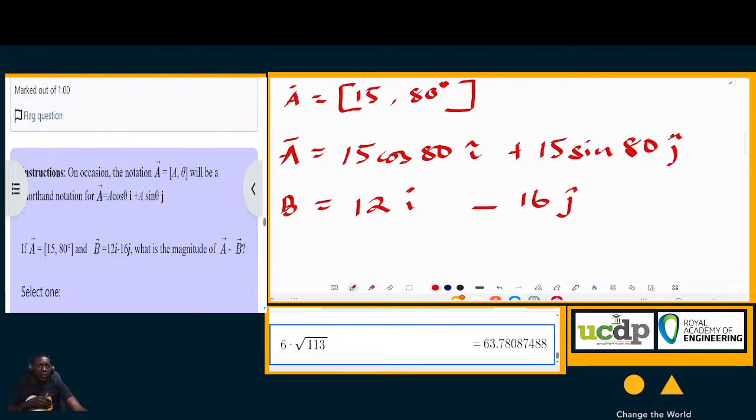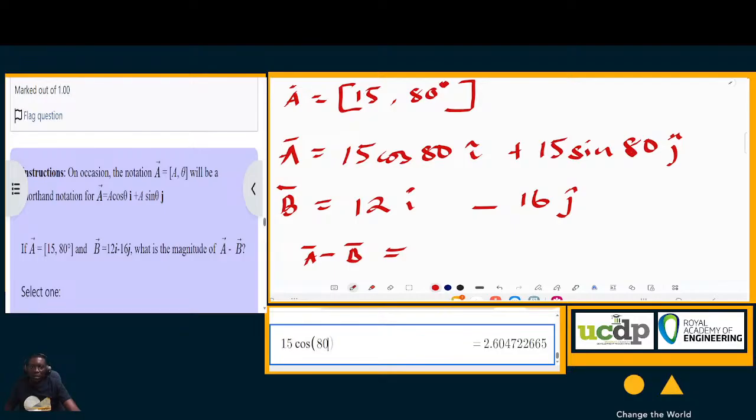What do you think, guys? We have A and B, and we're doing the same thing. We want A minus B. So what would be vector A minus vector B? We can express 15 cos 80 as a number, if that's what is confusing you. Just go there, 15 cos 80.